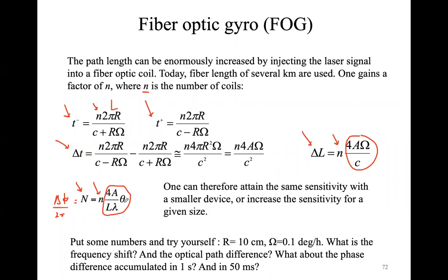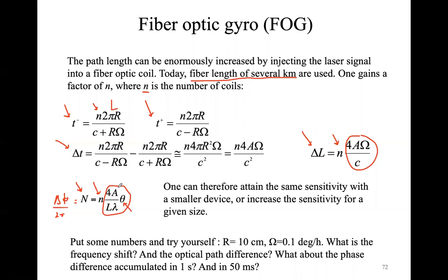So at the same theta, you are able to have a larger number of fringes because you have a larger number of coils. The main principle is that since the fiber optic does not have a significant mass, you can have fiber optic length of several kilometers put around a very small area.